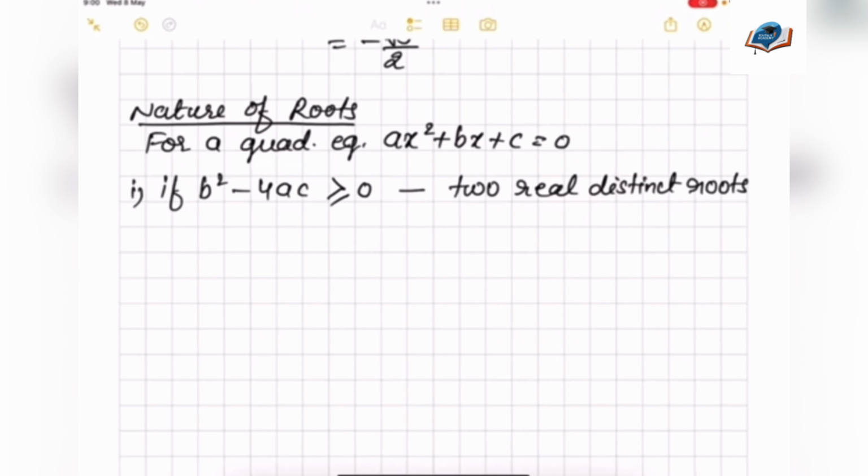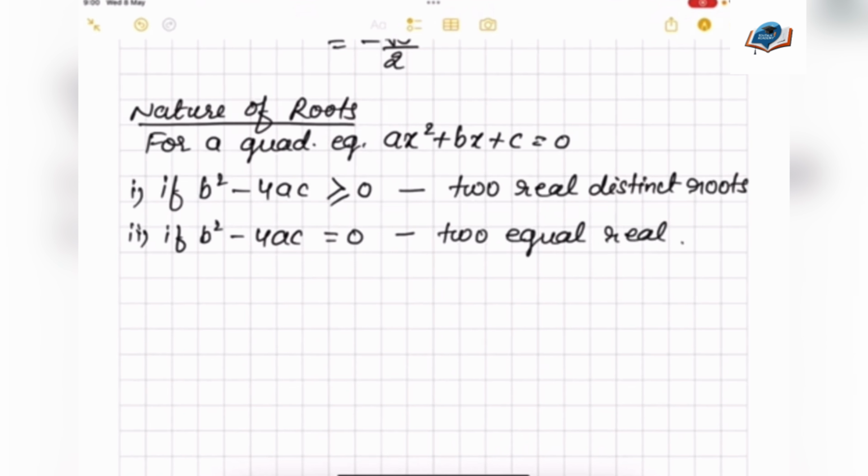Now second, if b square minus 4ac equal to 0, I will have two equal real roots. I will have real roots, but both will be equal.